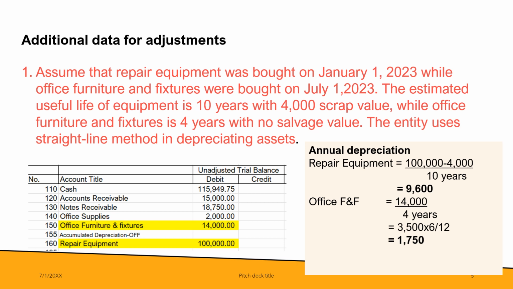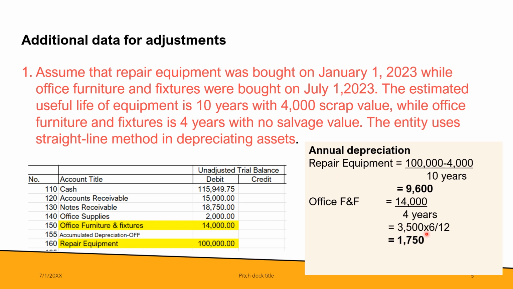However, for December 31, 2023, you will only take up one half of 3,500. Why? Because office furniture and fixtures, as you can see in our additional data, was purchased July 1, 2023. So from July 1 to December 31, that's equivalent to 6 months or half year.